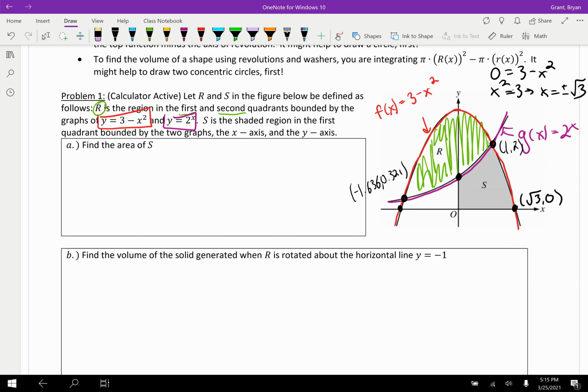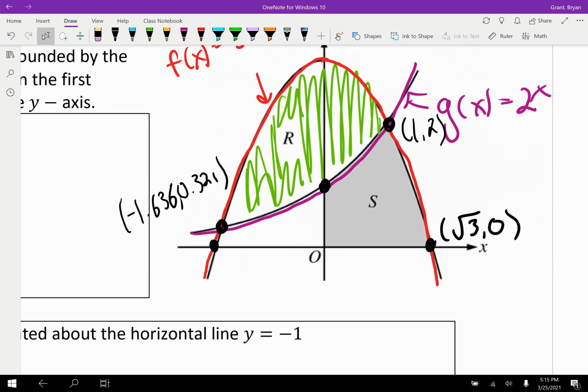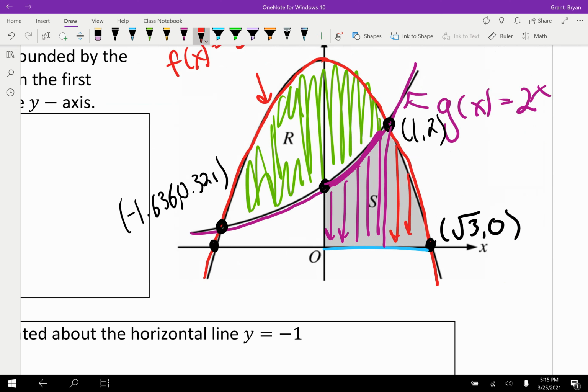Well, if I'm looking at S over here, I see 2 ways to do this. One way is that we can do my top function in purple minus the bottom function I'll do in blue down here. And if you do purple minus blue, that'll be fine until the first intersection. But then notice we're going to have to switch and do red minus blue to finish it out.